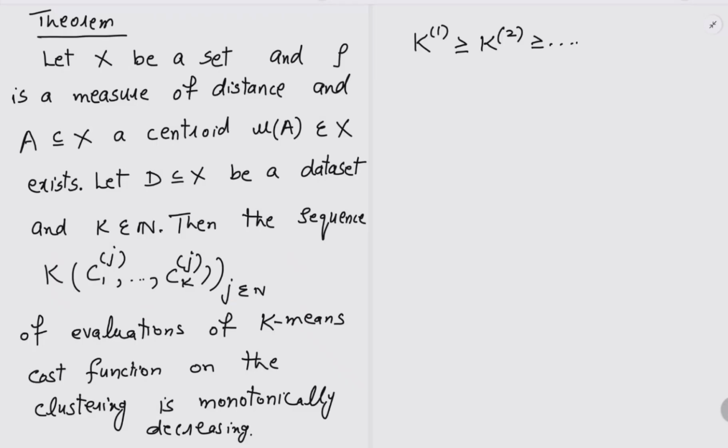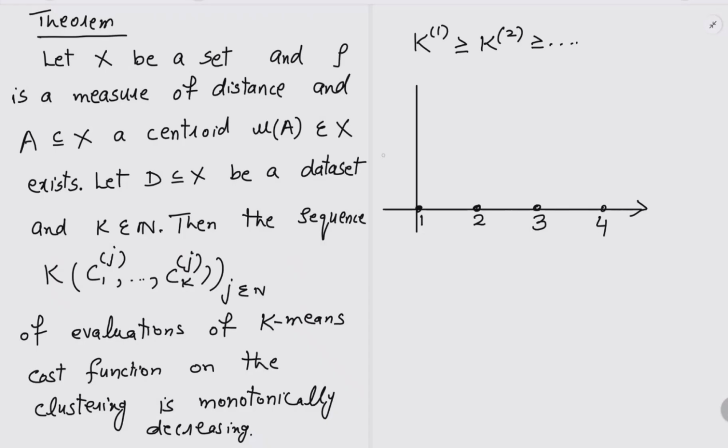What does monotonically decreasing mean? This is a concept from calculus 1. Suppose we have iterations on the x-axis: this is iteration number 1, this is iteration number 2, iteration number 3, iteration number 4.